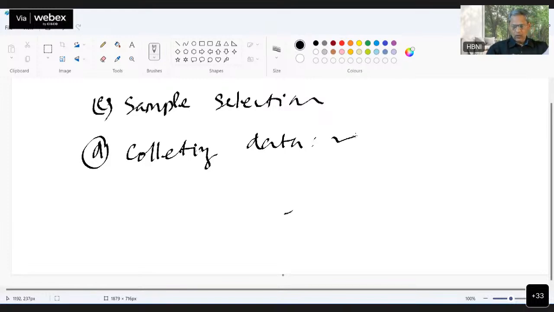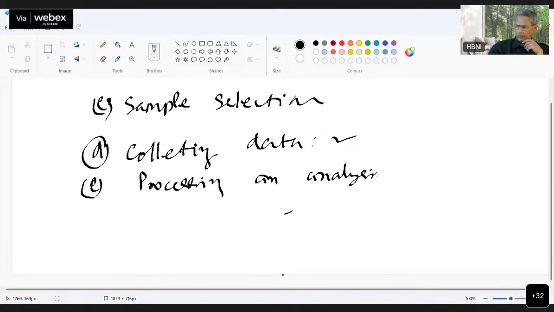And then after collecting data, you have to consider processing and analyzing the data. You have to make appropriate tables and do probability and sampling analysis. All you have to do.